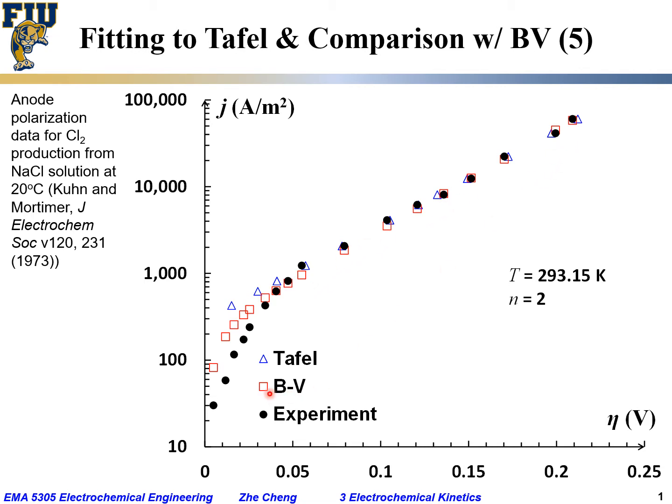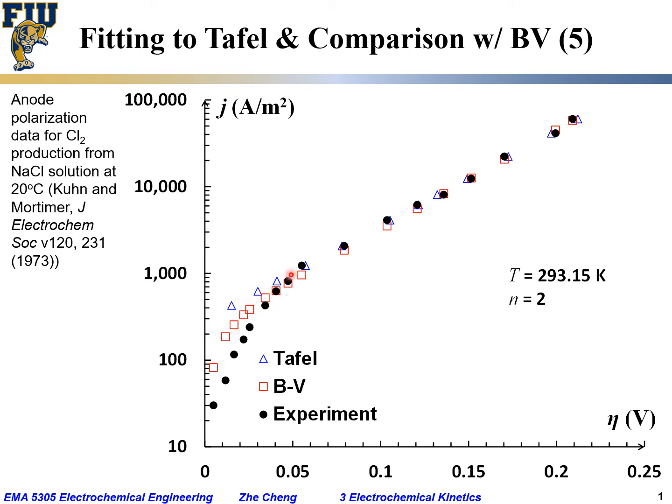The red square represent the current density corresponding to different overpotential calculated directly using Butler-Volmer equation, using our fitted Butler-Volmer equation kinetic parameters such as 1 minus beta and J0 exchange current density. The blue triangles represent the data from Tafel fitting, the data from Tafel relationship, also after optimization and fitting. Okay, that's for the blue.